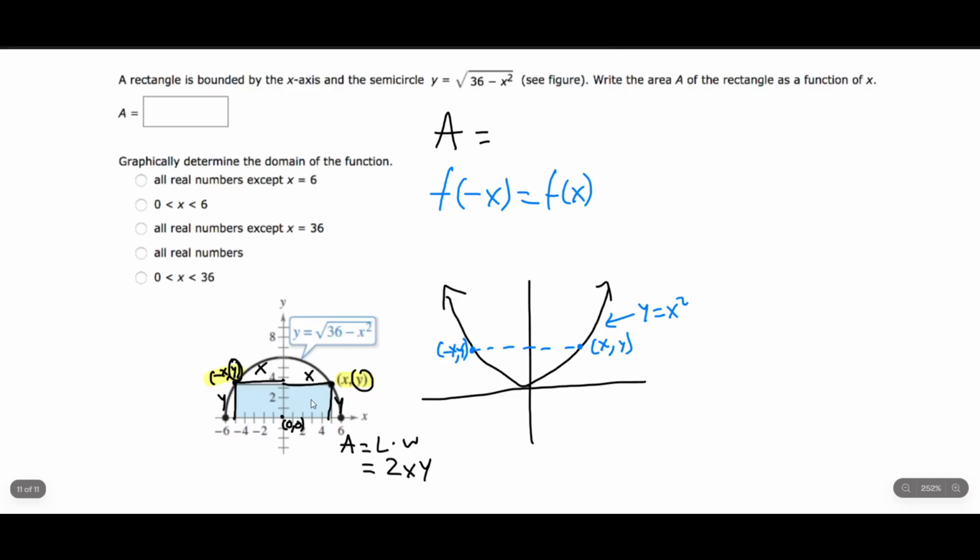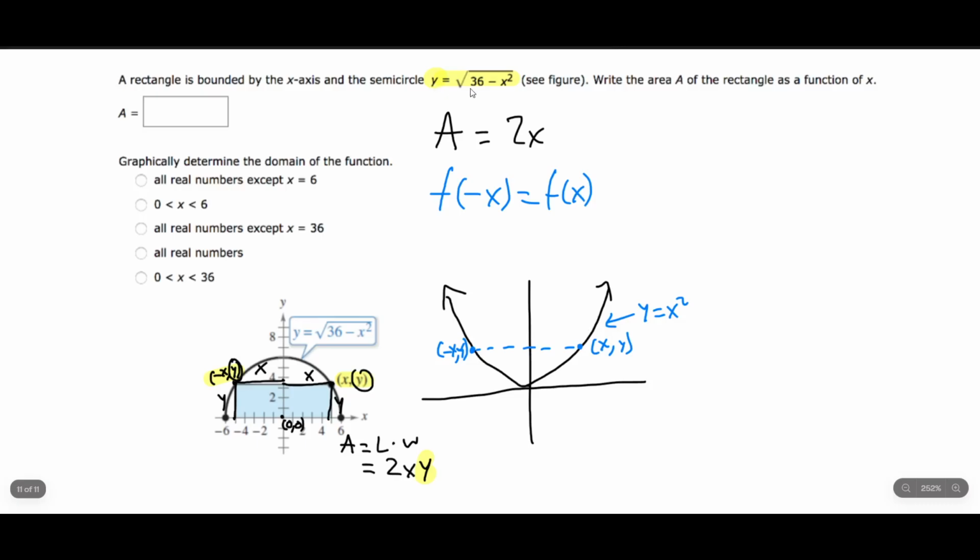Well, I wouldn't say so. If we say that area equals 2xy, we also have the relationship that this same y over here is equal to this same y here. So then it would just be 2x times our y. Well, what does y equal?